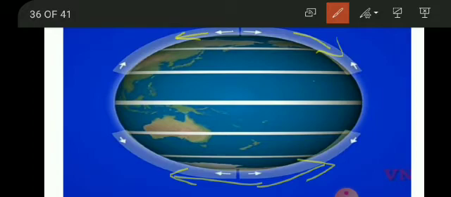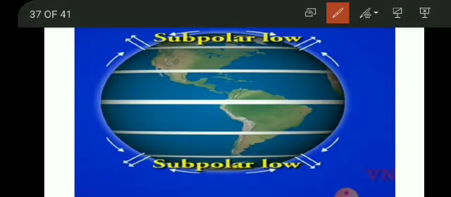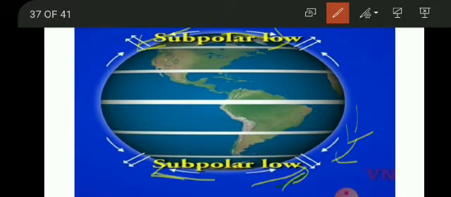Now as these are meeting, they are converging. In this picture, they are moving towards the south and from the south they are moving towards the north, and already this air is coming here. So both are coming from opposite directions and then they are rising up.